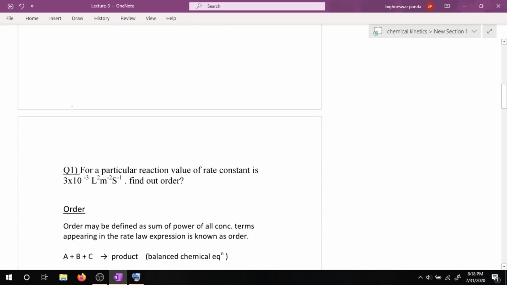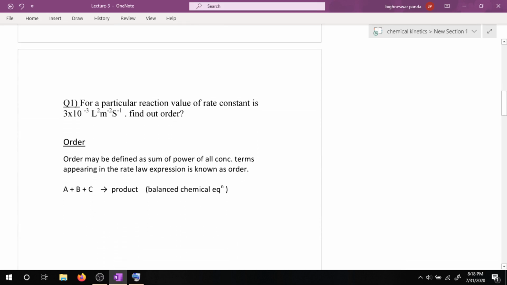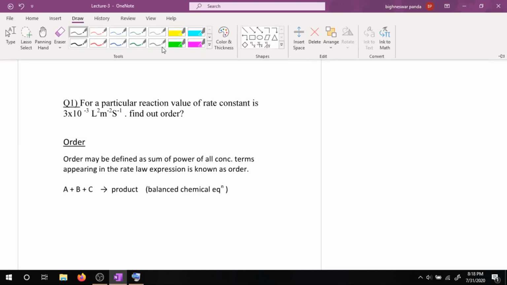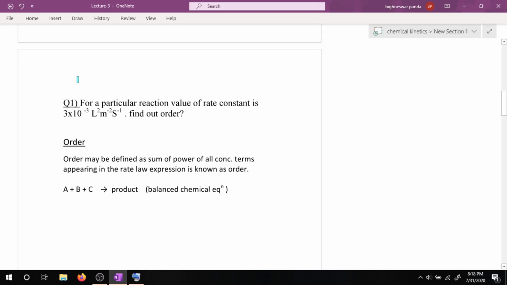Let's start with the problem. For a particular reaction, the value of the rate constant is 3 × 10^-3 L² mol^-2 s^-1. Find out the order.